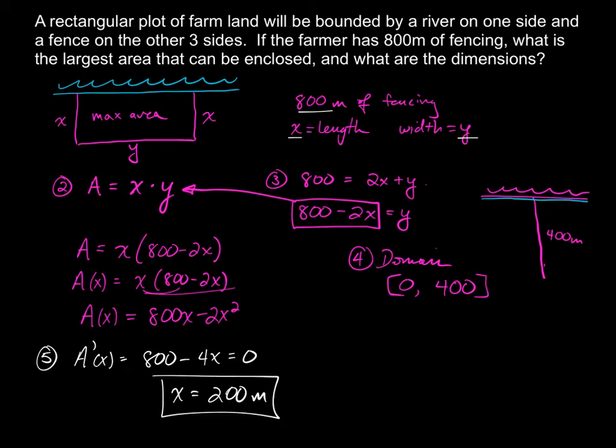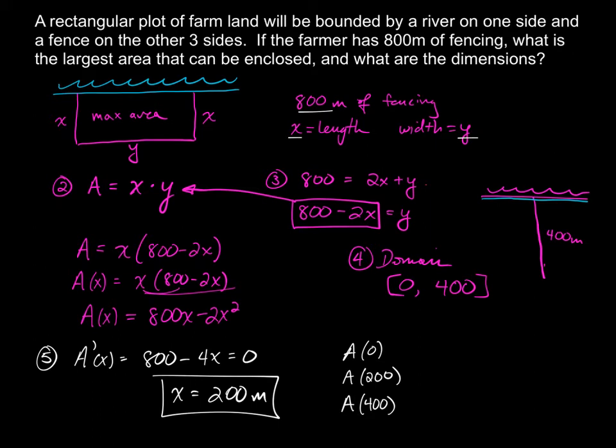and that would be meters. So then what we have to do is we have to go back to our area, and as a matter of fact, I'm going to use this example right here. Since we're all in x's, I want to use the simplified equation with one variable only, and I'm going to test this out. I want A of 0, I want A of 200 because that's the critical value, and I want A of 400. 0 and 400 are the endpoints of our interval, and the critical value that is on that interval is at 200.